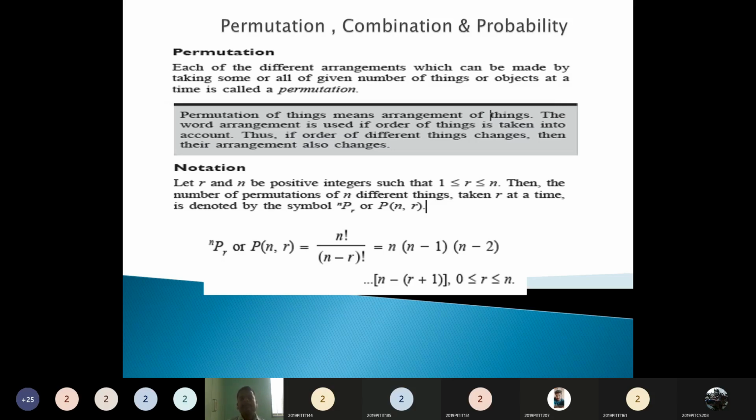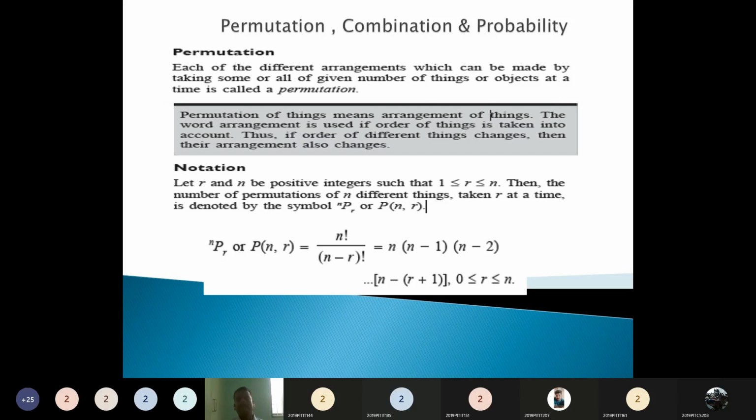Permutation: each of the different arrangements which can be made by taking some or all of the given number of things or objects at a time is called a permutation. Otherwise, permutation of things means arrangement of the things. The word arrangement is used if the order of things is taken into account.